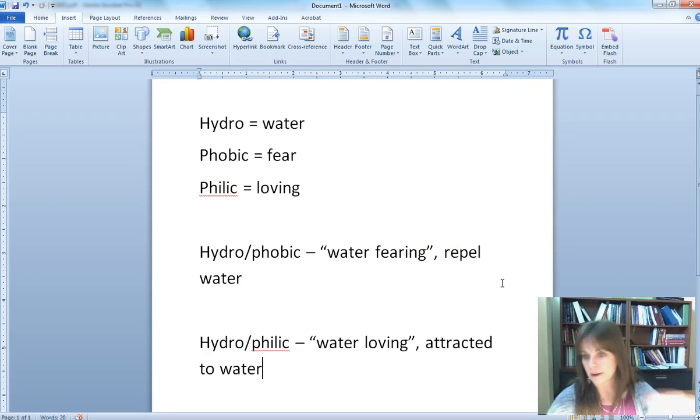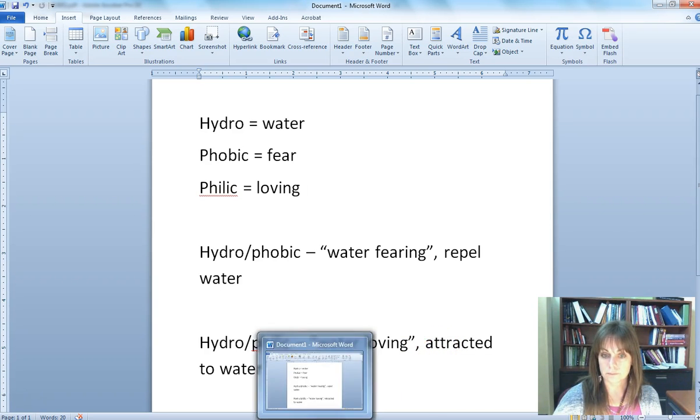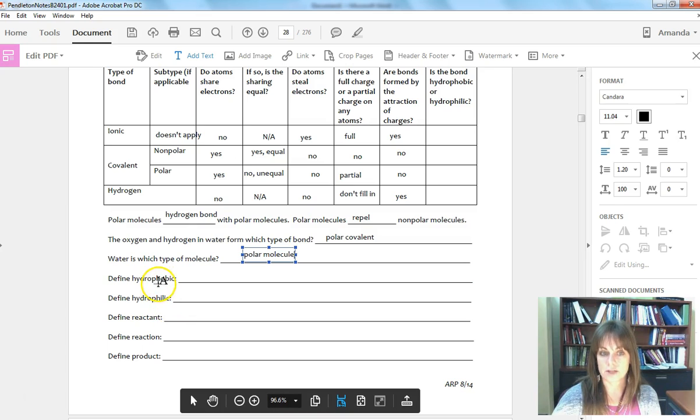It says, get away, I'm afraid of you, I don't like you. Hydrophilic literally means water-loving, and so that means it is attracted to water. You can fill that information in here.